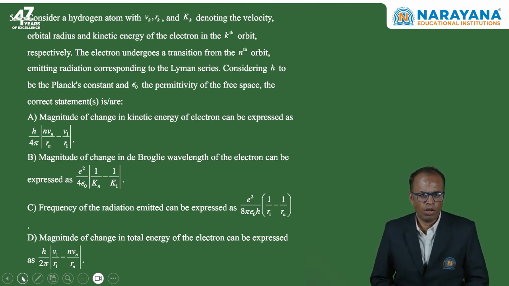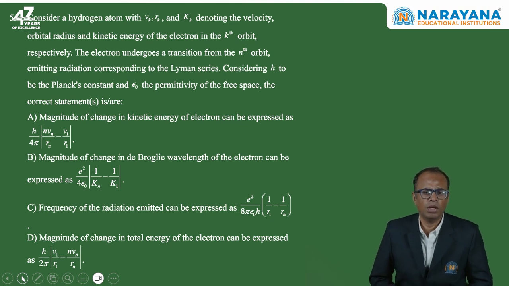So this is again a test of your patience and how neatly you are able to write the equations and solve. So we have a hydrogen atom, and we are given Vk, Rk, and Kk, denoting the velocity, orbital radius, and kinetic energy of the electron in the kth orbit. Usually we will say nth orbit, but they have given kth orbit. And the electron undergoes a transition from nth orbit. Here n is not a variable, k is a variable.